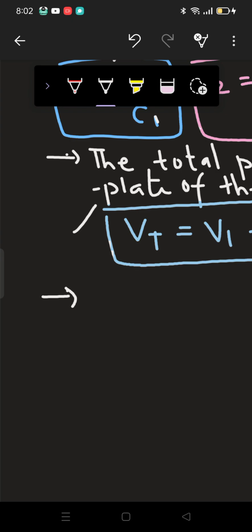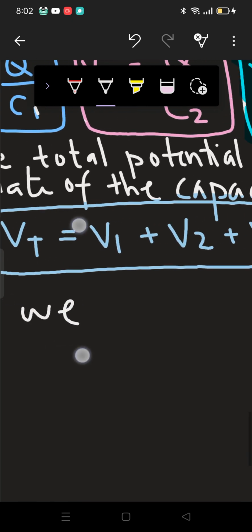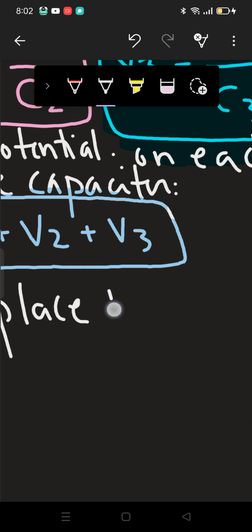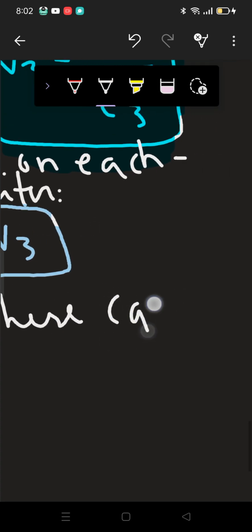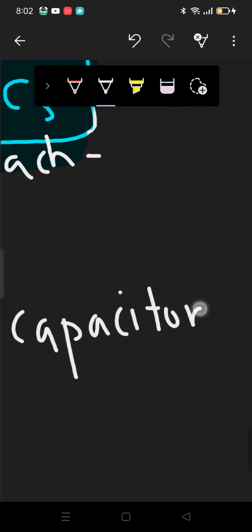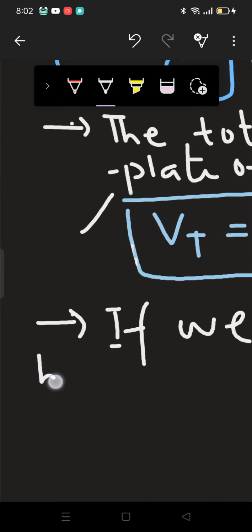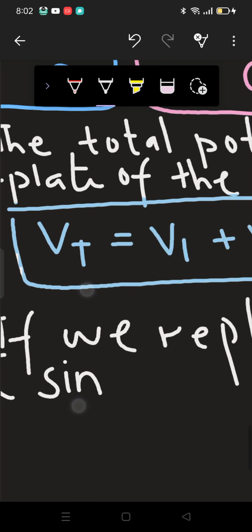So the equivalent capacitor is nothing but, if we replace these three capacitors by a single capacitor, right?